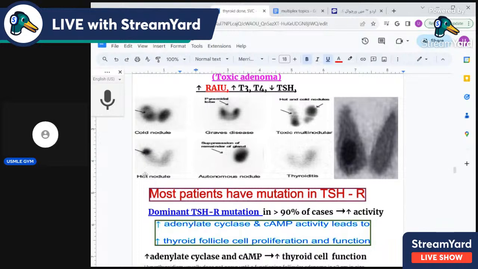This one has multiple cold and hot nodules both: cold takes less, but hot takes more. And this one is Graves' disease, which takes uniformly increased radioactive iodine, whereas thyroiditis doesn't.